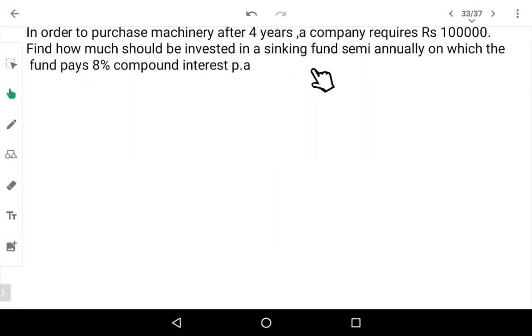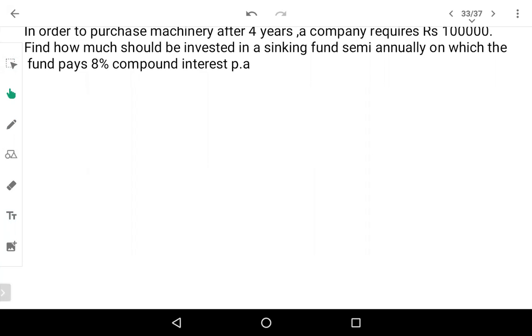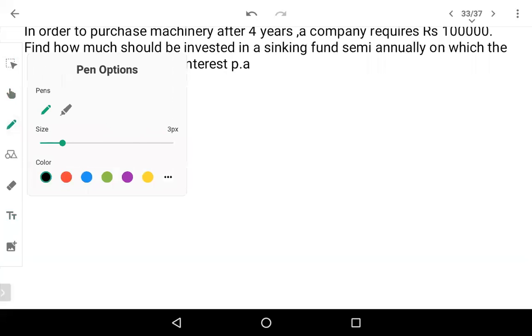Now a sinking fund is the fund which is created to save some money from the profit, which can be used later in an emergency. So this sinking fund is invested semi-annually. Okay, it's not for 1 year, but every 6 months they are going to invest the amount into the sinking fund, on which they are going to pay 8% interest. Okay, so let us start the solution.